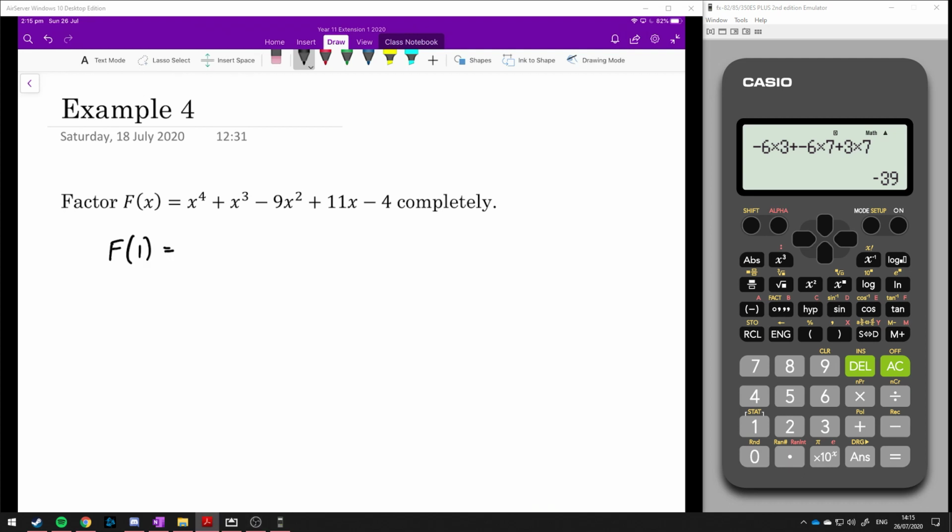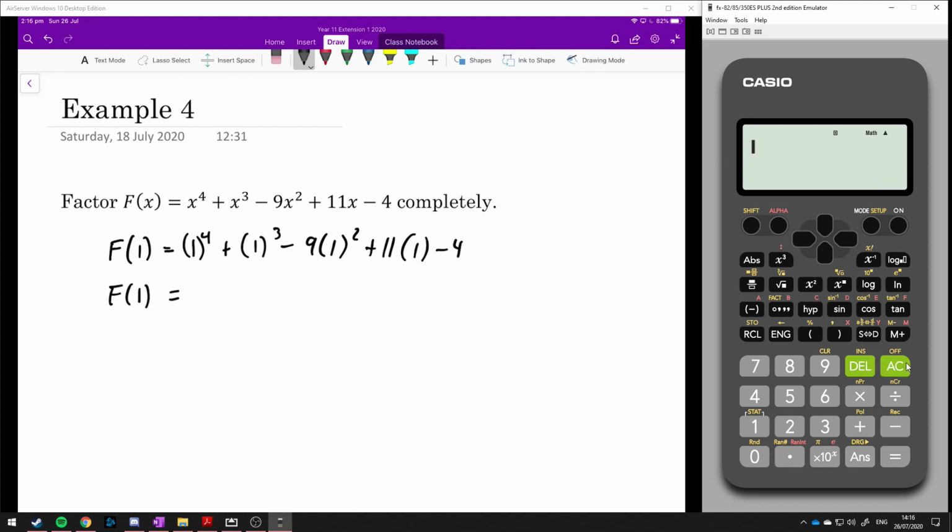The points I'm going to try are magically going to work, by the way. Let's try 1. So f of 1 is equal to 1 to the power of 4 plus 1 cubed minus 9 lots of 1 squared plus 11 lots of 1 minus 4, which we put into the calculator, and it is equal to 0.